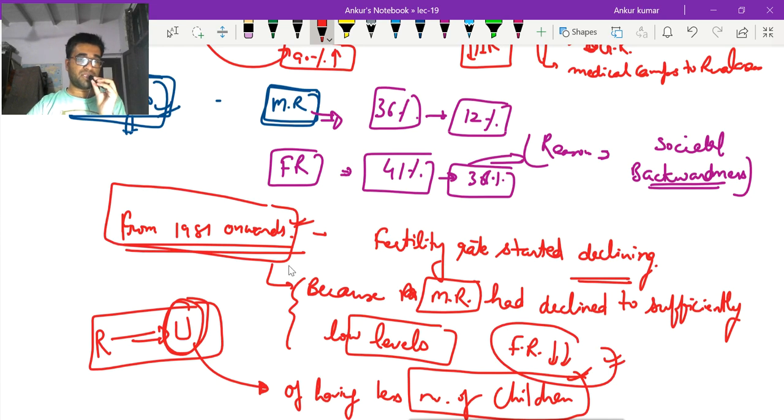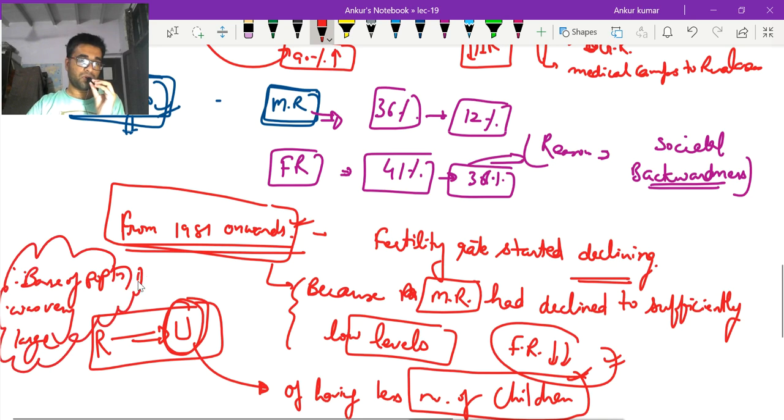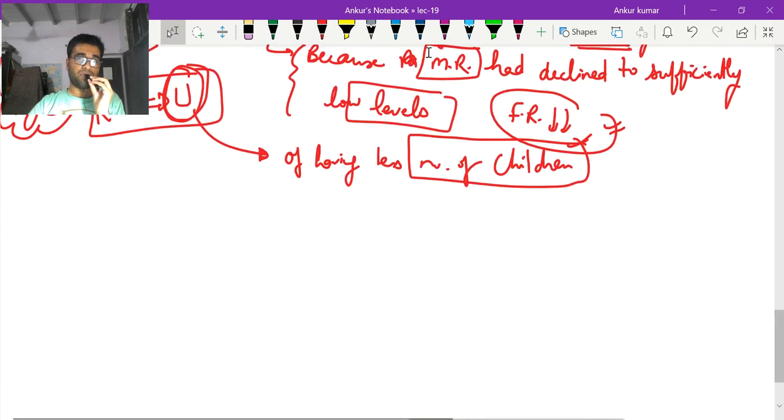So there are a number of factors which worked post 1981 in the reduction of the fertility rate. Although the fertility rate declined post 1981, the population growth kept on increasing because the base of population was very large. But for the first time, in the 2011 census we added fewer people as compared to the 2001 census.